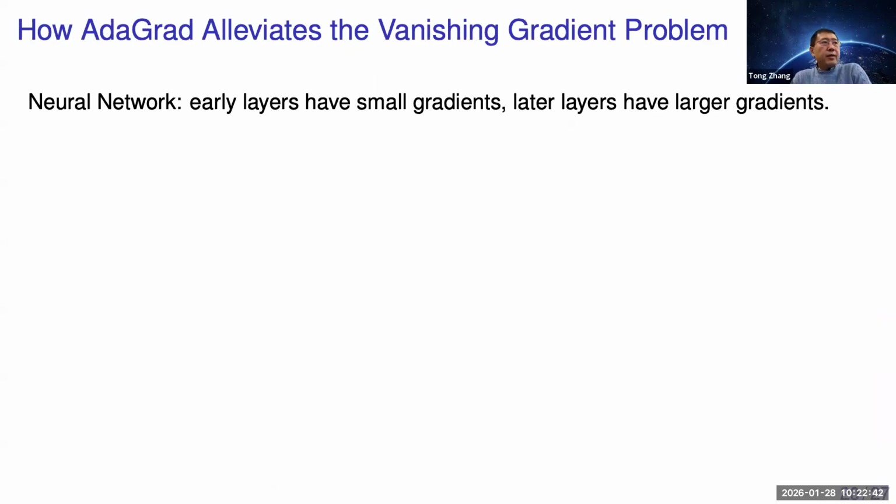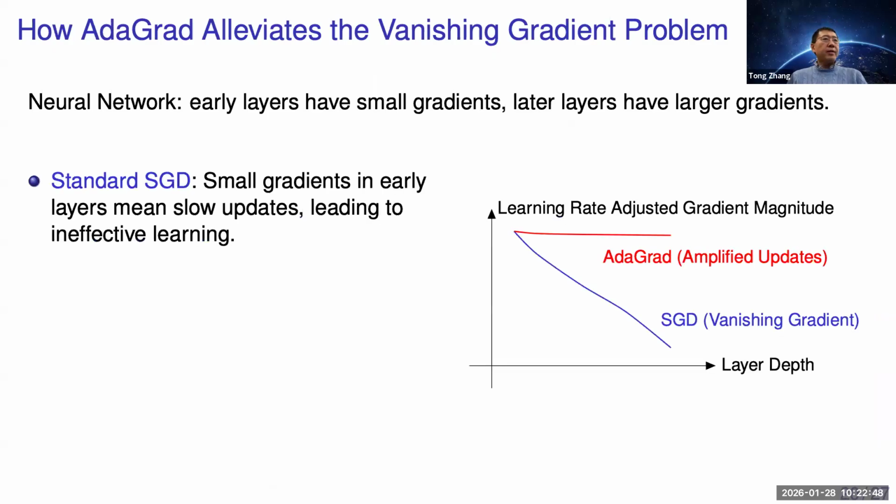In the neural net, earlier layers have smaller gradients, later layers have larger gradients, right? So if you calculate the amplitude of gradients, in SGD, when you go deeper in depth, it will go down. What AdaGrad does is it divides by the size of your gradient. Your gradient divided by the historical gradient size is almost constant.